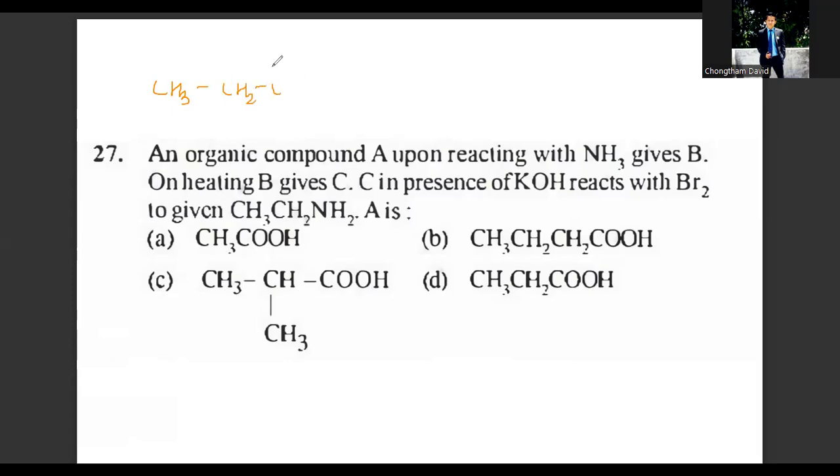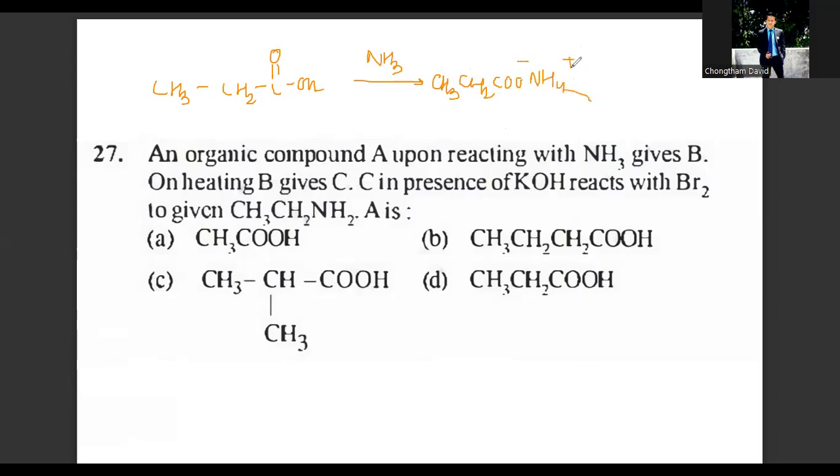What is the name of this acid? This is your propanoic acid. On treatment with ammonia, acid and ammonia give rise to ammonium salt, CH3CH2COO-NH4+.